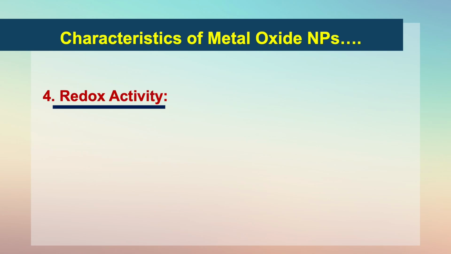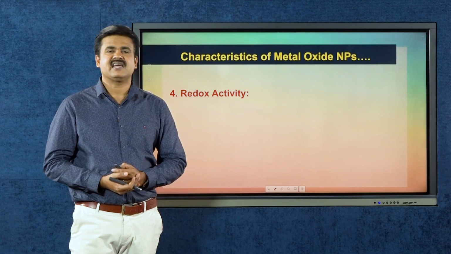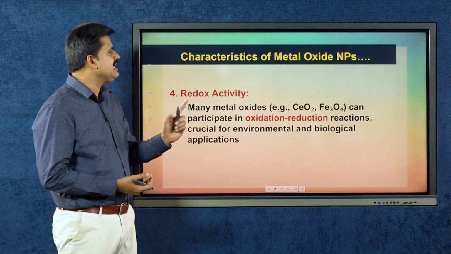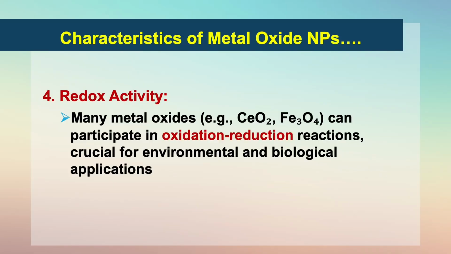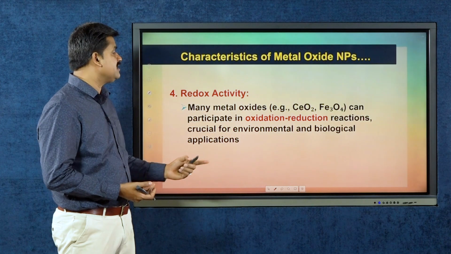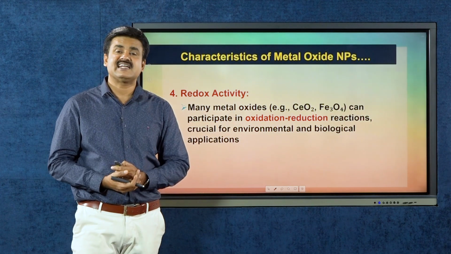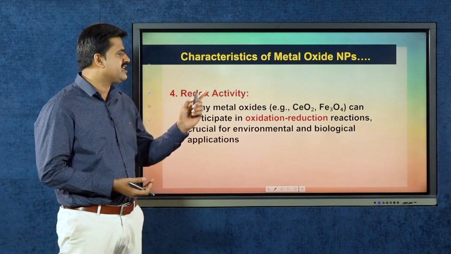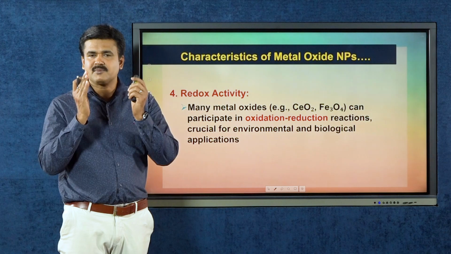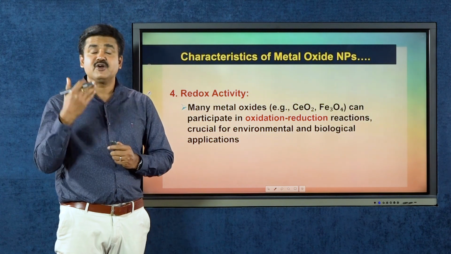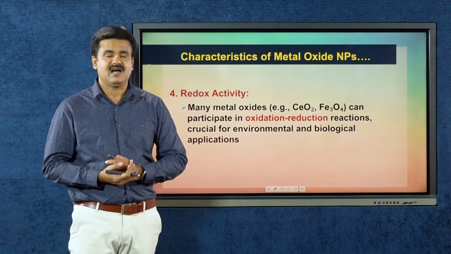Now, redox activity is another characteristic feature. Many metal oxides such as ceria or cerium dioxide nanoparticles, magnetite or Fe3O4 nanoparticles can participate in several oxidation reduction reactions. And those oxidation reduction reactions have some crucial role in environmental and biological applications.